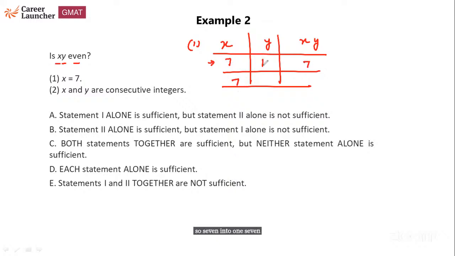You do not know y. Let's say y is 2. 7 into 2, that is 14. Answer the question. Is xy even? No. In case number 2, is xy even? Yes. Are you getting a definite yes or definite no? Sometimes it is yes, sometimes no. That means the first statement alone is not sufficient, which you all got.